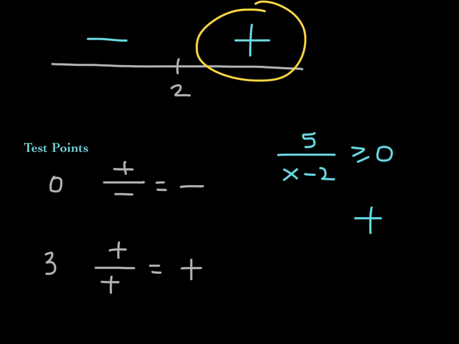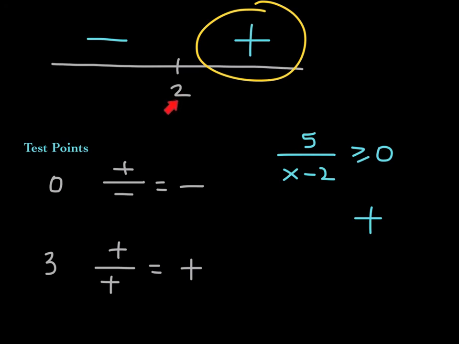From 2 to infinity. Now, I'm about to write my answer, but we have to be super careful right now. This inequality is non-strict. That means we should put a bracket on our endpoint, which is 2. However, you can't do that here because 2 is a vertical asymptote.